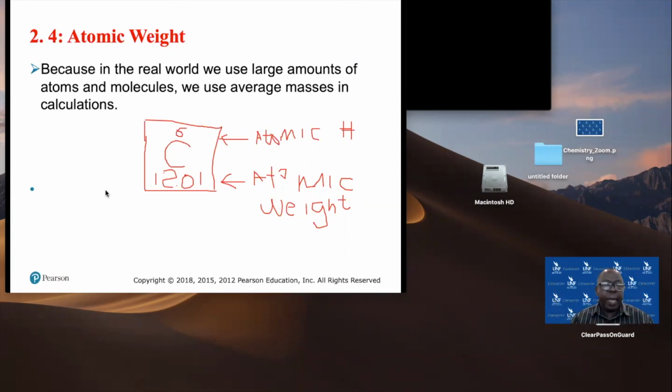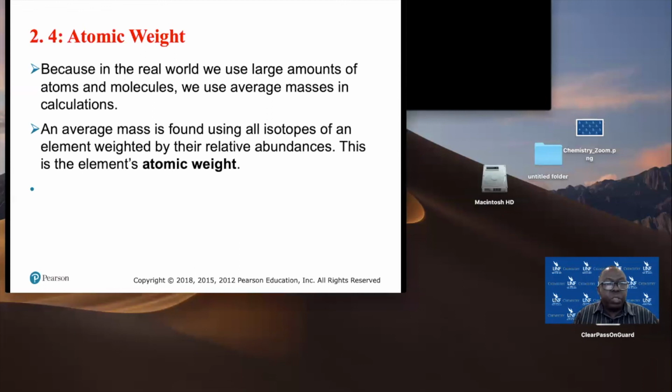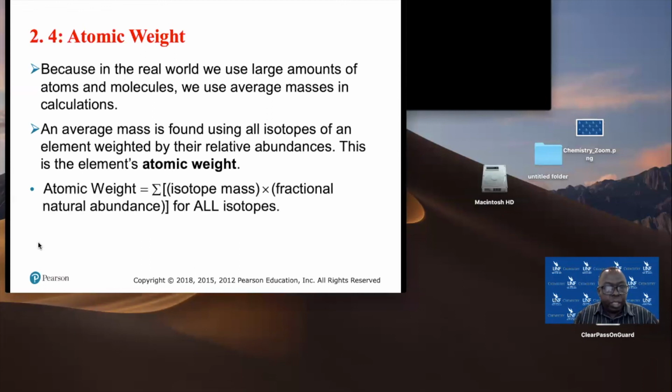So how do we calculate the atomic weight of an element? There is an equation which I want you to memorize and learn how to use in calculating the atomic weight of an element using the weighted averages. This is the equation. It's the summation.